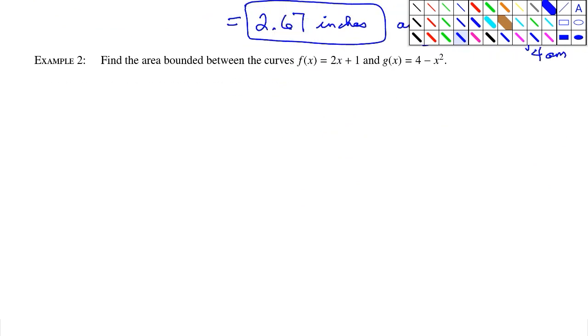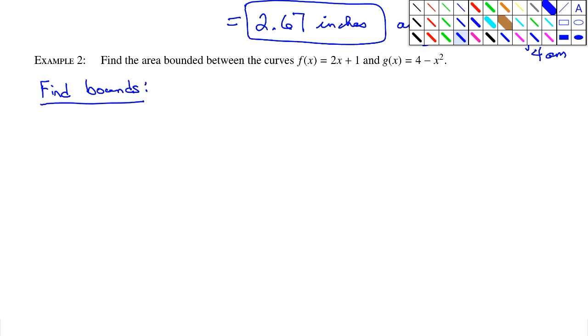Example number 2, find the area bounded between the curves f of x equals 2x plus 1 and g of x is equal to 4 minus x squared. So what we want to do is find the bounds that create a bounded region by these two graphs.